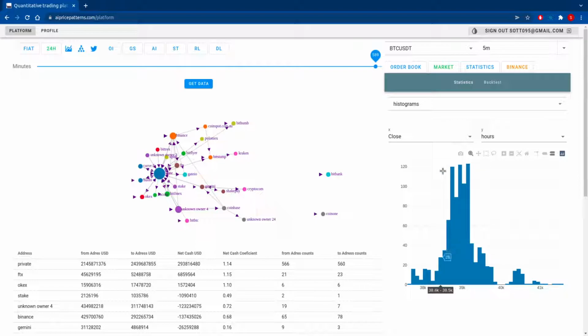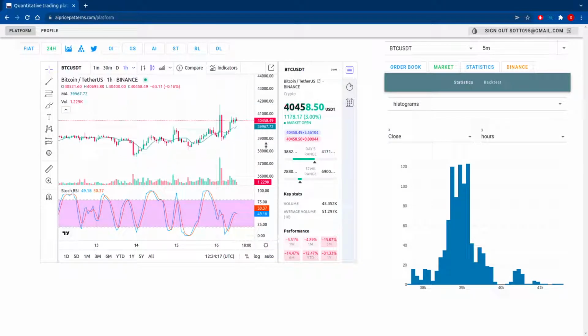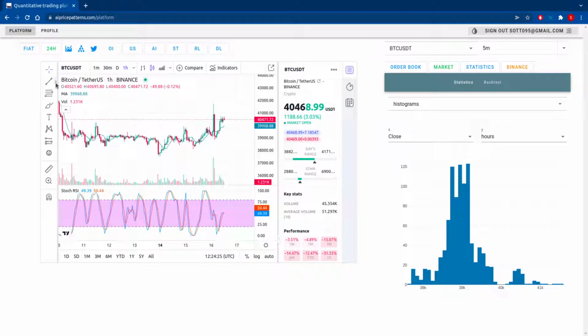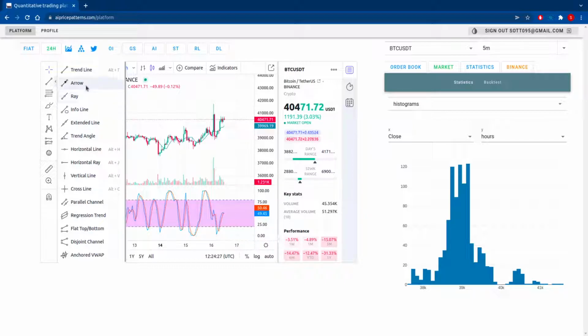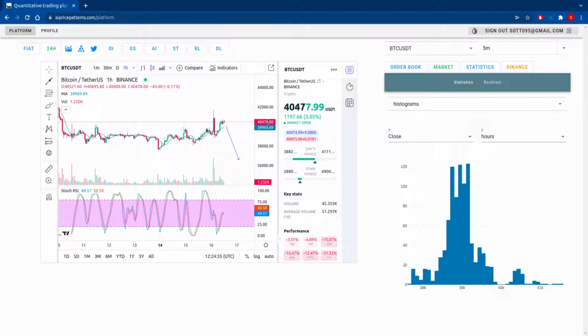Okay, it means maybe we have a distribution on this level and the market could go down again, but this is the main tendency that we define.